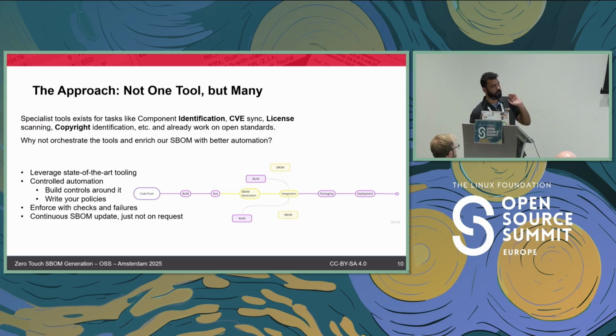So I have given a very simple example of a CI pipeline. In your pipeline itself, whenever you are generating an SBOM for a component, at the very end, before doing a packaging, you would be doing an integration anyway. So why not use the SBOM from all your child components and generate your delivery SBOM, or whatever you want, just right before packaging.